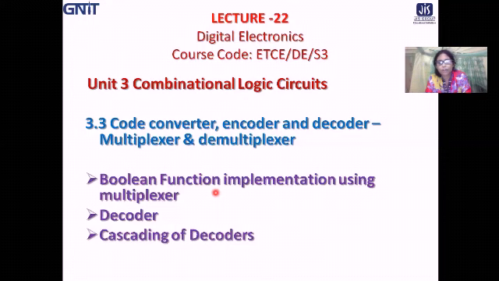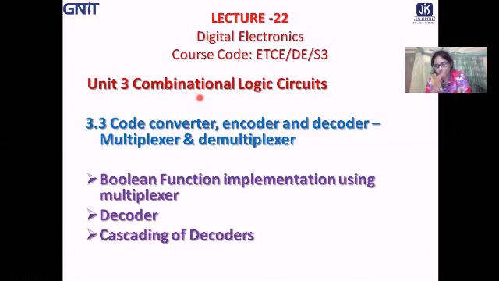Next, we have come to this module, that is unit number 3, combination logic circuits. In the combination logic circuits, we have studied the differences between combination logic circuits and the sequential logic circuit. Next, we have read about the adders and the subtractors.